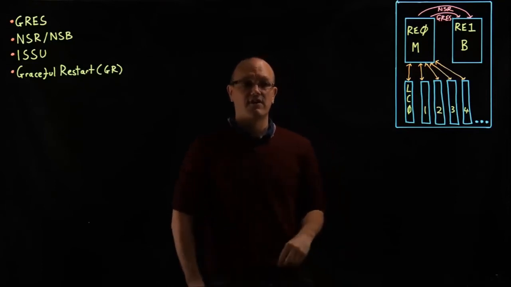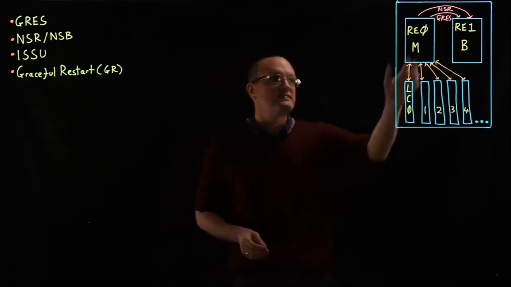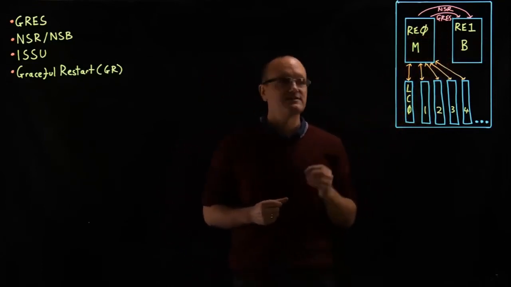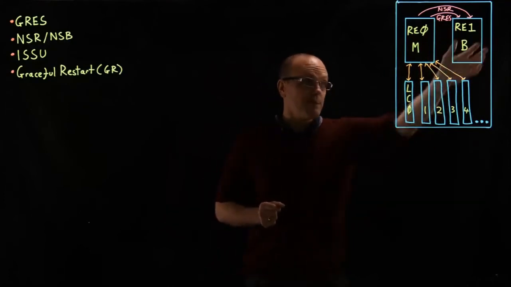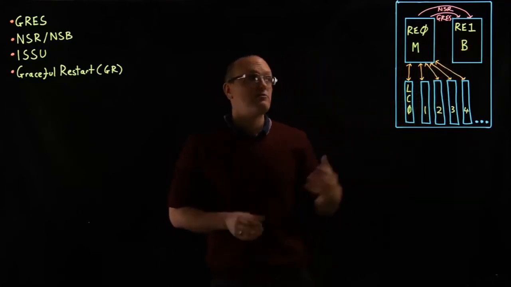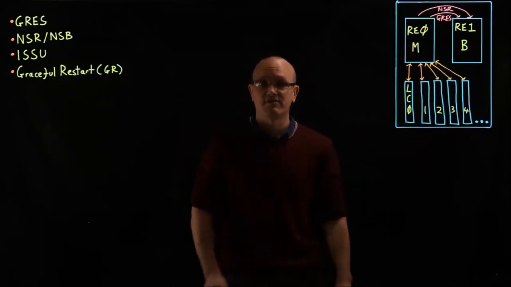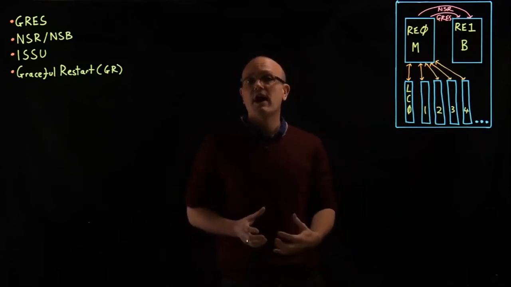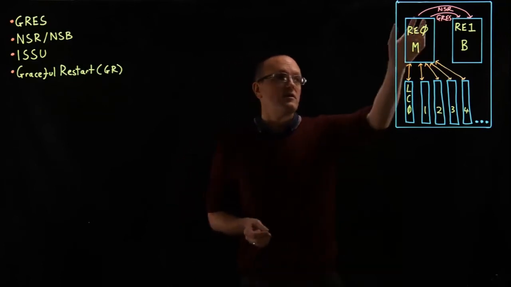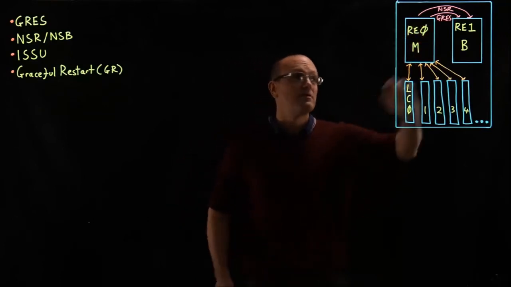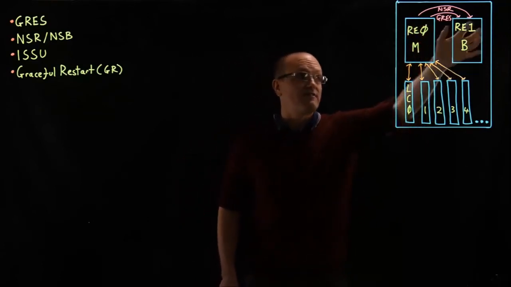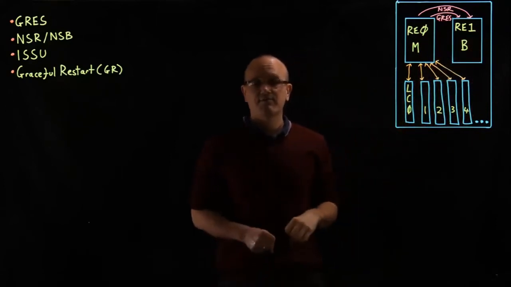However, in this scenario, we are still resetting all our control plane state on the new master, because the new master has no awareness of BGP routes, OSPF routes, etc. So what happens here is that the master fails, the backup immediately takes over and reforms adjacencies to the line cards.